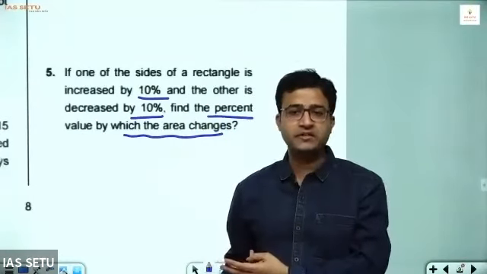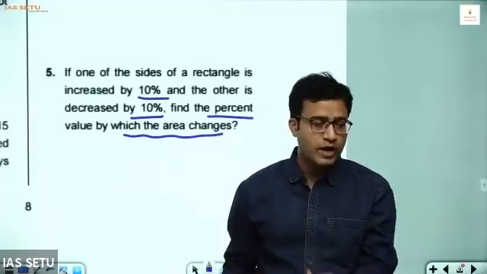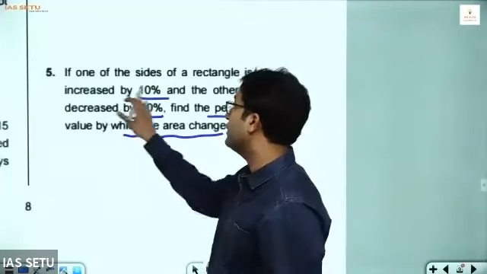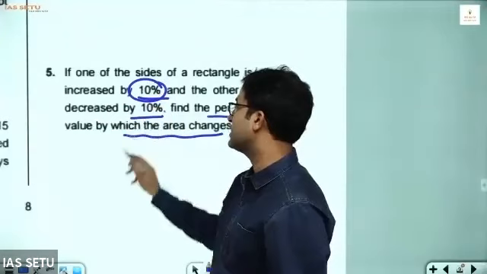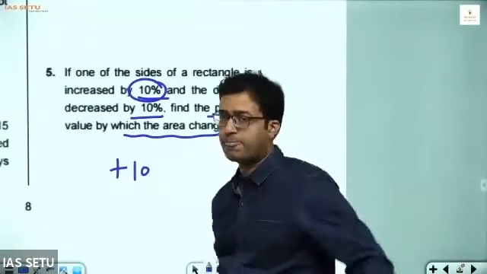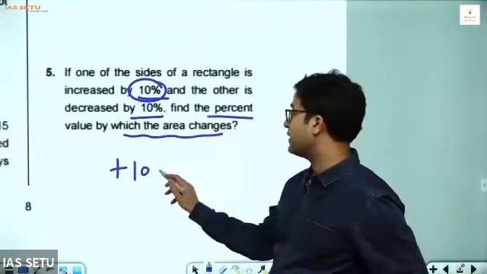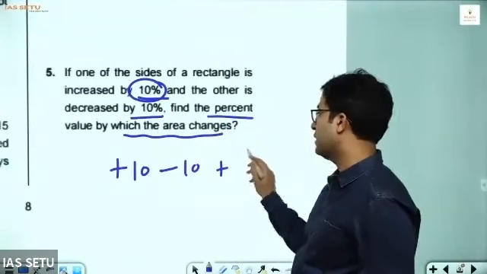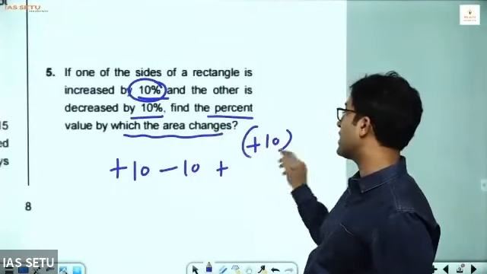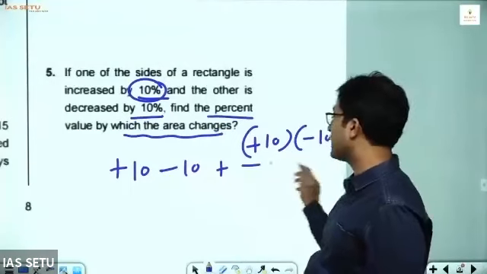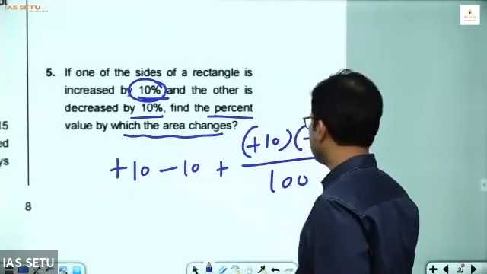It will take 3-4 seconds. So you better give 3-4 seconds. Here, one side is increased by 10% means plus 10. Other side is reduced by 10% means minus 10. Then product of 2, plus 10 into minus 10. Don't ignore the sign, divided by 100%.